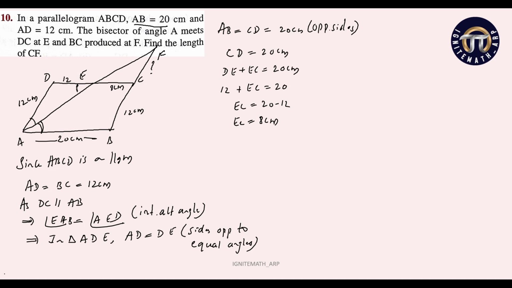Okay. So now pay attention, children. So this angle is equal to this angle. Alright. So this angle is equal to this angle. Interior alternate angles. Clear? Okay. So next, listen to me very carefully. Angle DEA is equal to angle CEF.